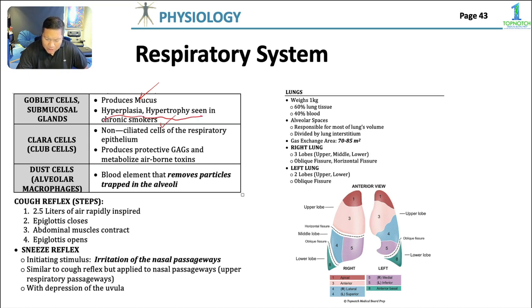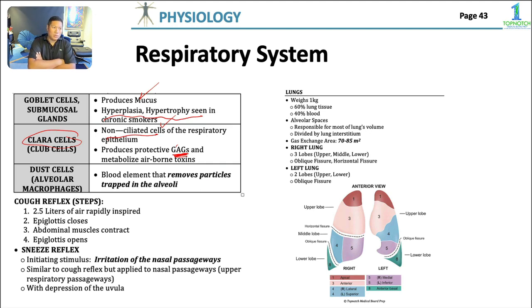Okay? In the respiratory epithelium, you're also going to find what we call Clara cells. Clara cells are non-ciliated cells of your respiratory epithelium that will secrete protective glycosaminoglycans and metabolize airborne toxins. Clara cells were discovered by a Nazi doctor named Dr. Max Clara, who discovered Clara cells by experimenting on Jewish prisoners of war.